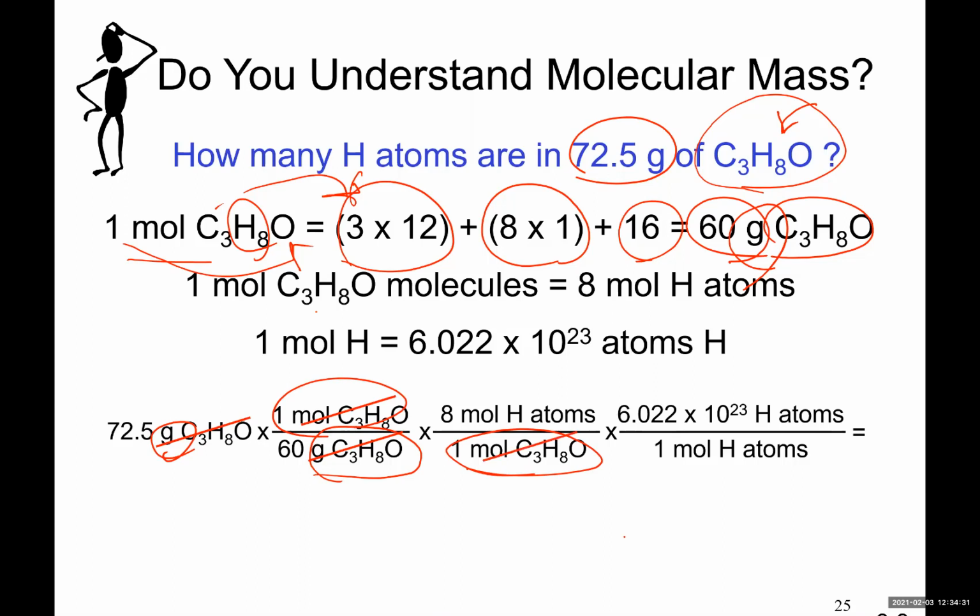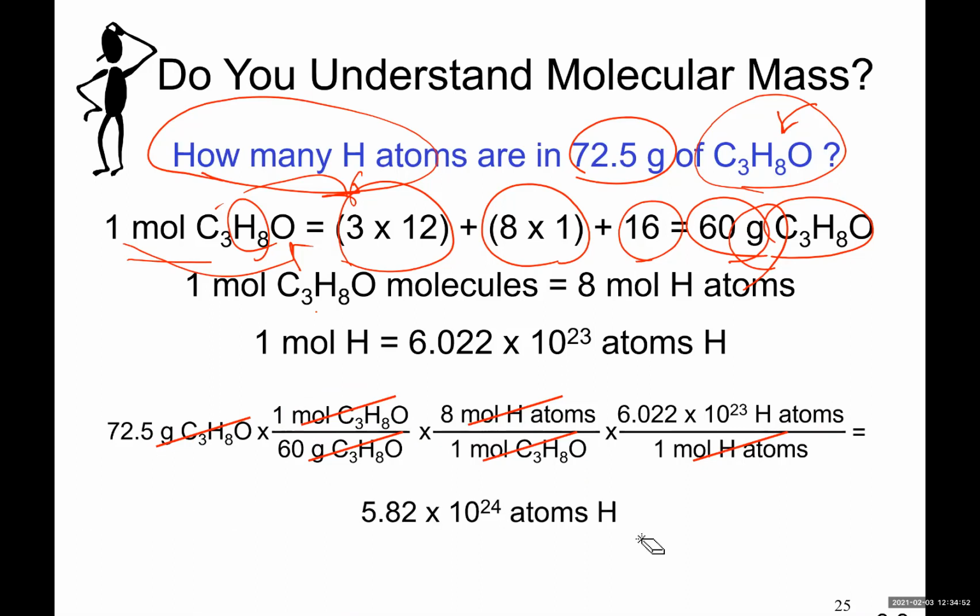Yes. Can I cancel number of moles of hydrogen from the top with moles of hydrogen from bottom? The only unit I'm left with is number of atoms of hydrogen. That's what problem was asking. So I use my unit conversion correctly. Only then I'm going to enter these numbers in my calculator to come up with the answer.